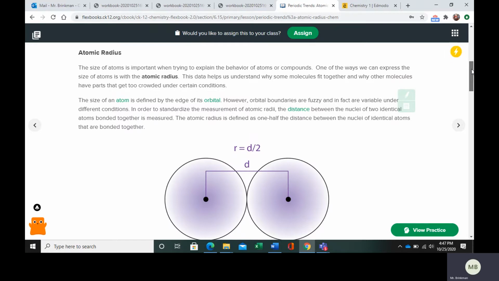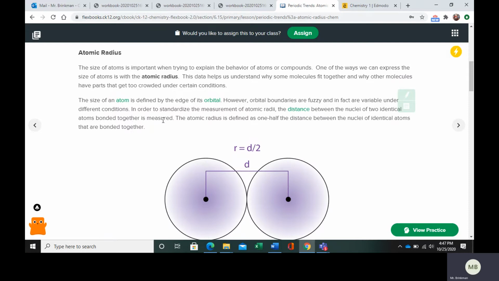First of all, we're going to look at how they measure the atomic radius. The size of an atom is defined by the edge of its orbital, but orbital boundaries are fuzzy and are variable under different conditions. So to get a standard measurement of atomic radii, the distance between the nuclei of two identical atoms bonded together is measured.